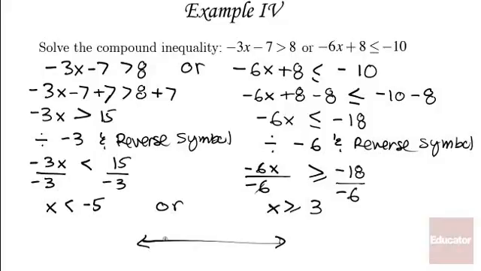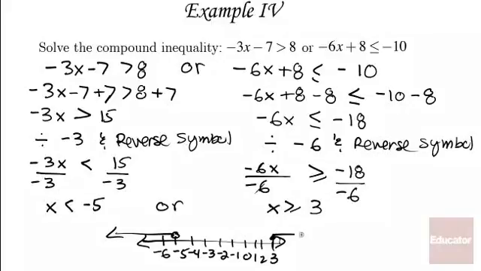On the number line, what this is saying is that x is less than negative 5, so open circle since it does not include negative 5, or x is greater than or equal to 3, closed circle. So all the points here satisfy this inequality, and the points here satisfy this inequality. And for our compound inequality, we're going to include all of these.